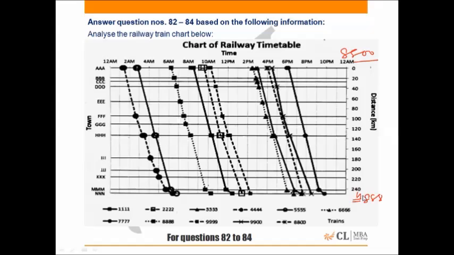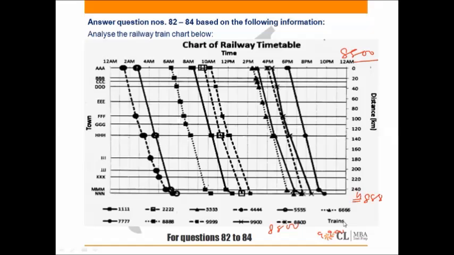Now coming to trains that travel from triple S to triple N, the trains that reach triple N around 6 p.m. are 8800 and 9900. But out of these two trains, 8800 does not stop at HHH.